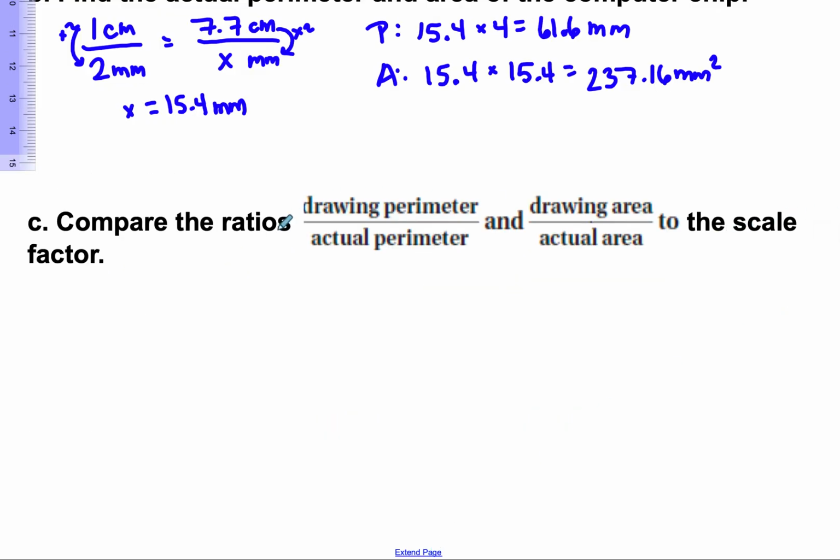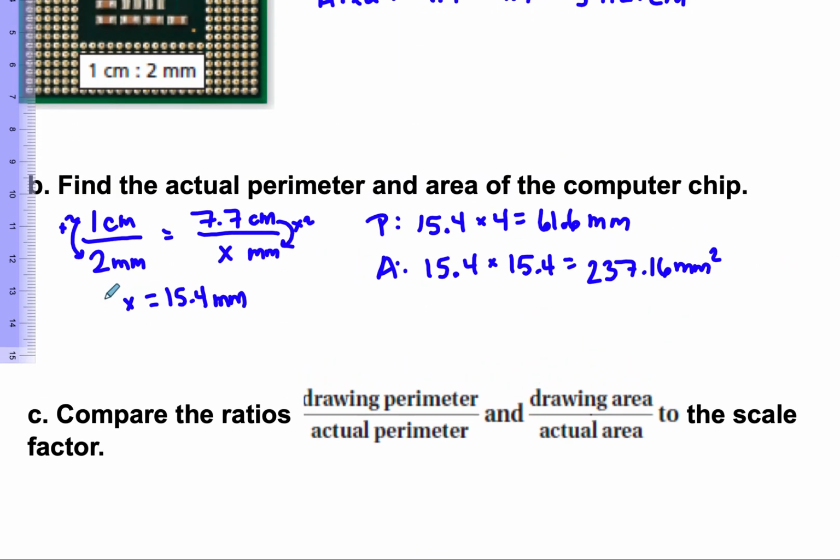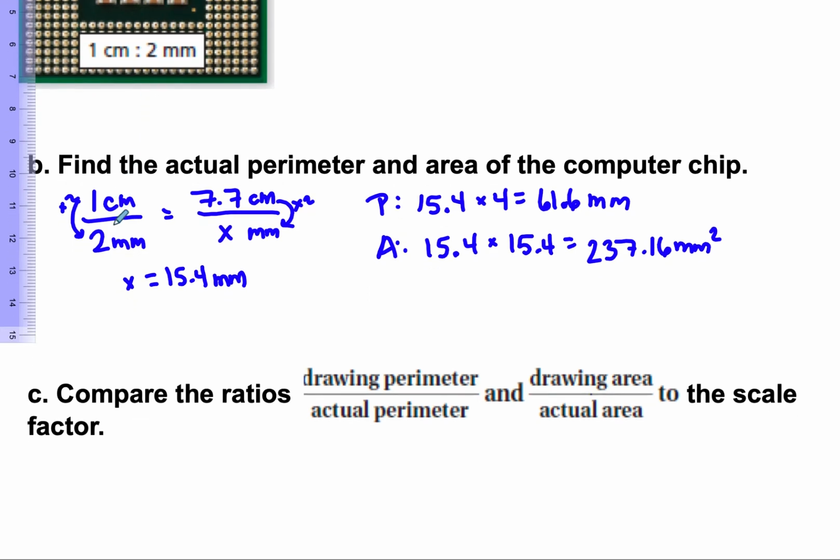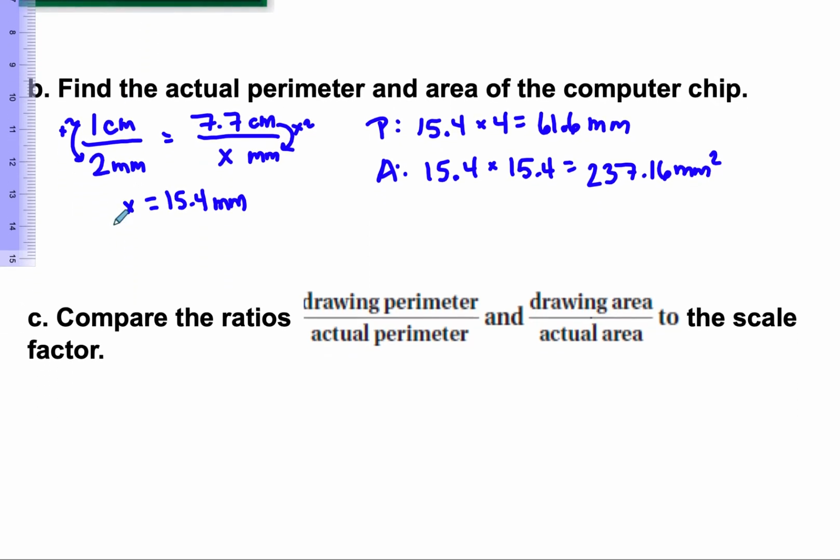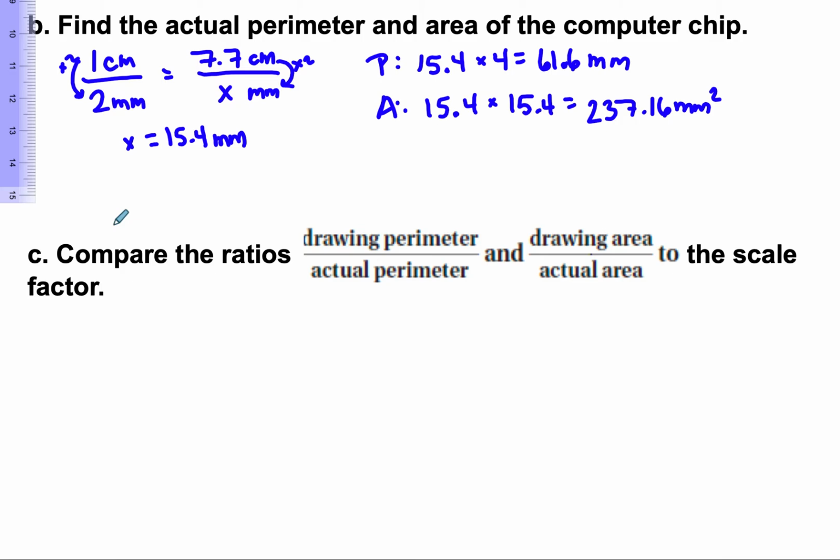Okay, so first thing I need to do is figure out the scale factor for my information here. Okay, 1 centimeter to 2 millimeters. 1 centimeter, this was my scale, to 2 millimeters, but if I need to make it scale factor, that means my units have to be the same. So I'm going to change my centimeters to millimeters by multiplying by 10.